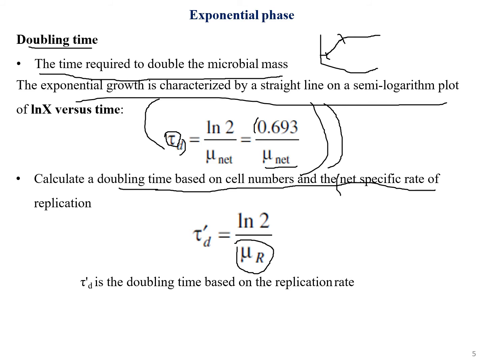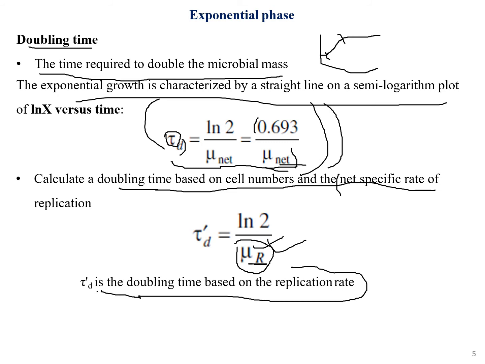So tau d dash is the doubling time based on the replication rate, and tau d is the doubling time based on the net growth rate. This is the net growth rate and this is the net replication rate. All right, when we are talking about this in numbers, this is a pretty easy one, I guess.